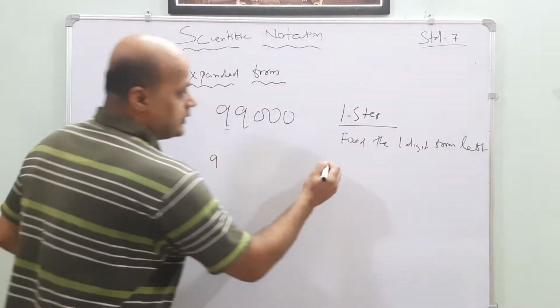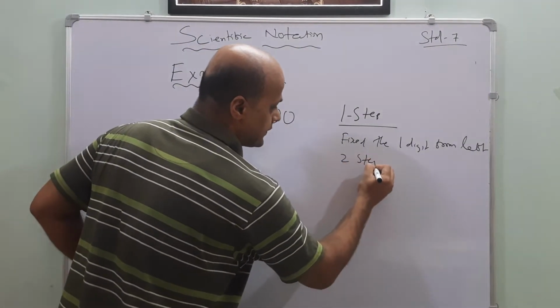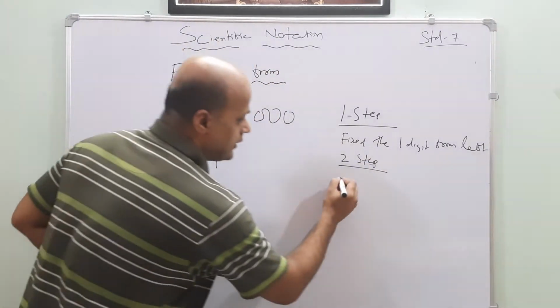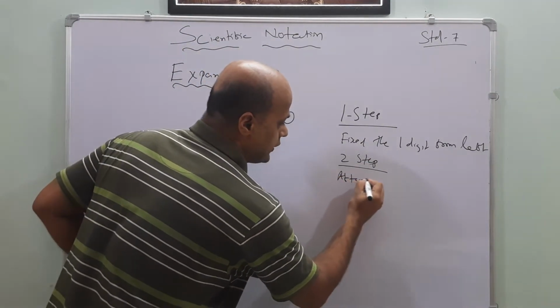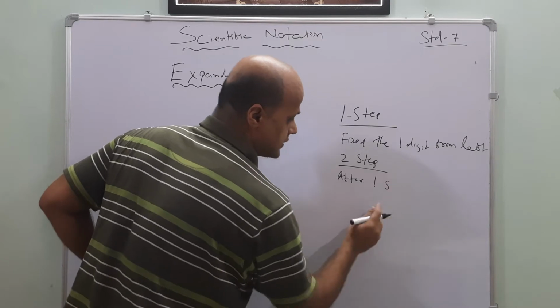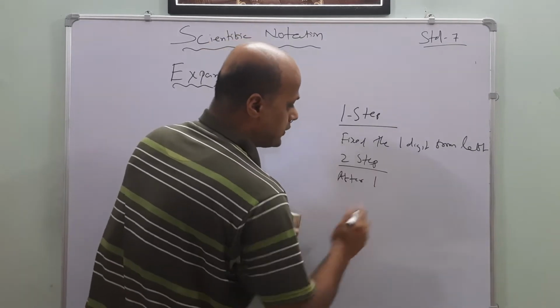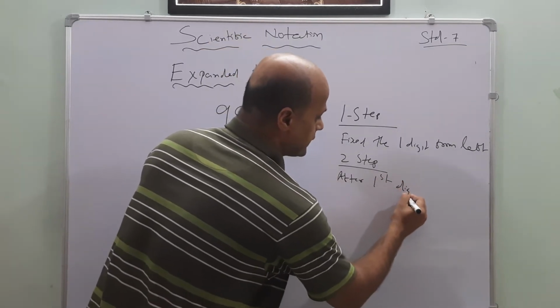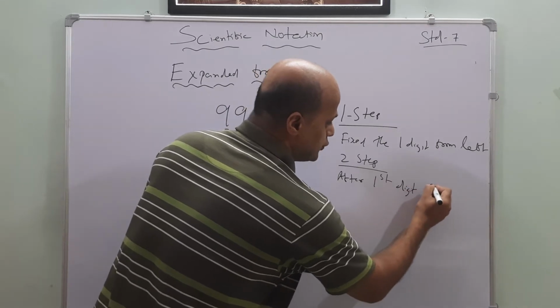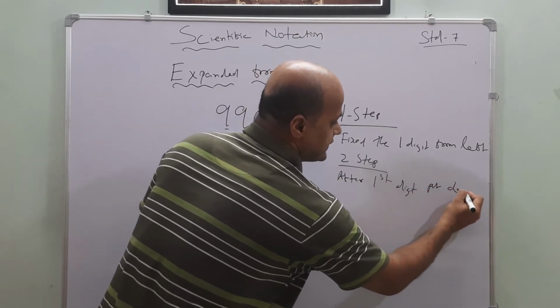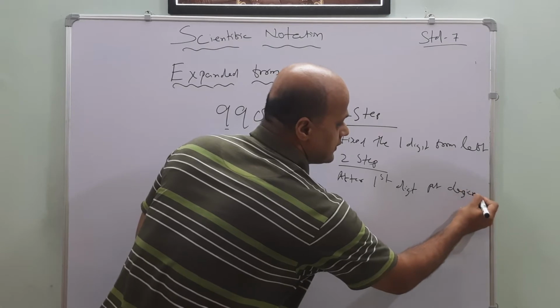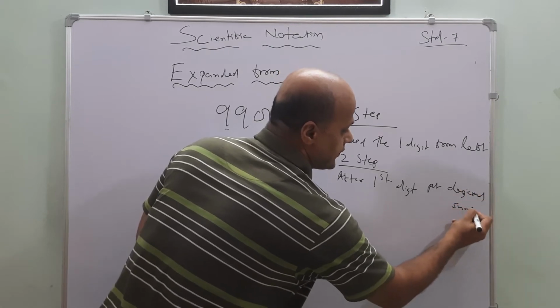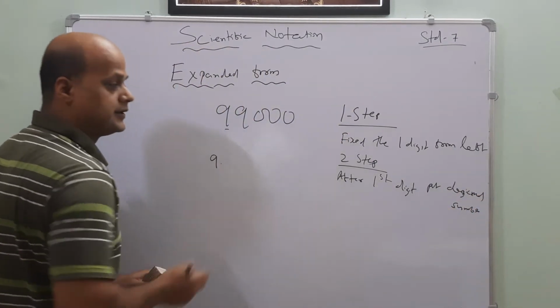Second step: after the first digit, put the decimal symbol, which means a point.